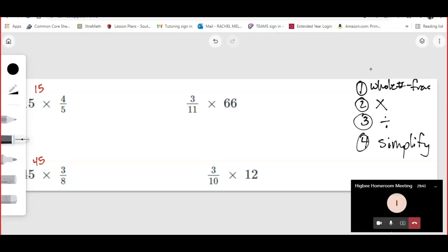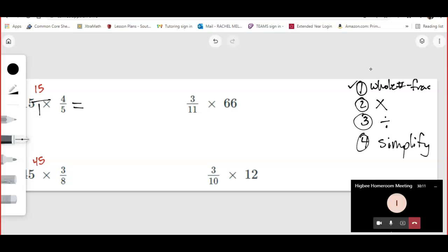So I changed the 15 to 15 over 1. If it helps you and you want to write out the steps and check it off as you do it, you might do that. Okay? So what's my next thing to do? Multiply. Okay, so 15 times 4.